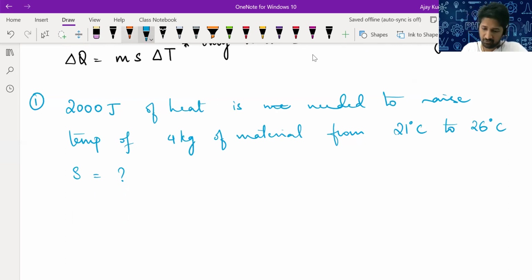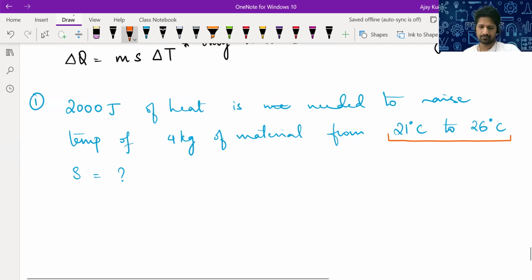Now, we have to assume that during this temperature change, 21 to 26, the state of matter is not changing. So if it's solid, it remains as solid. If it's liquid, it remains as liquid. That assumption you have to make. Solve this quickly.